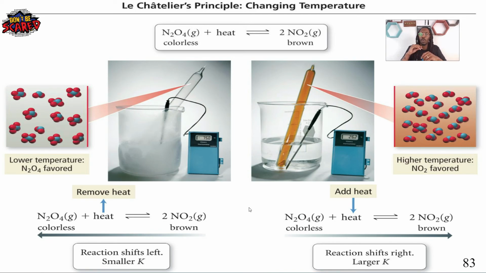And then when you go to add heat or remove heat, that will tell you which direction it's going to shift. These are the different stresses for Le Chatelier's principle.